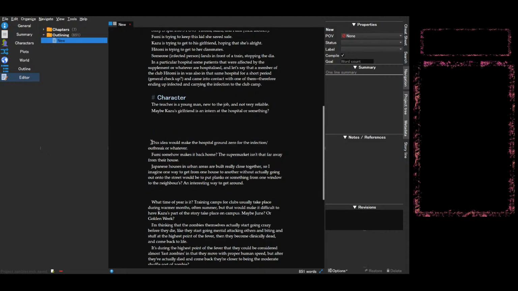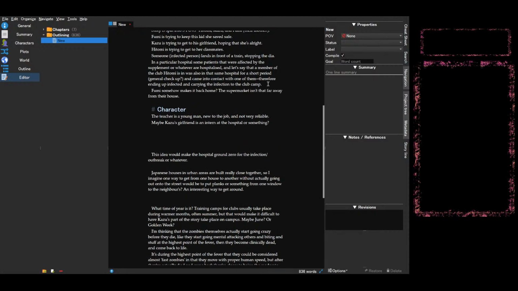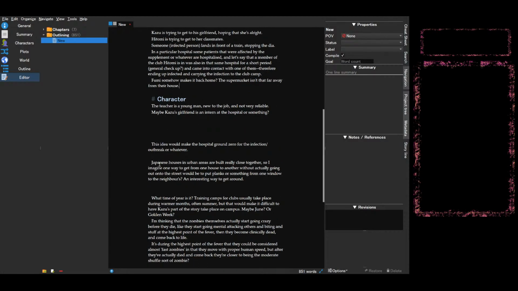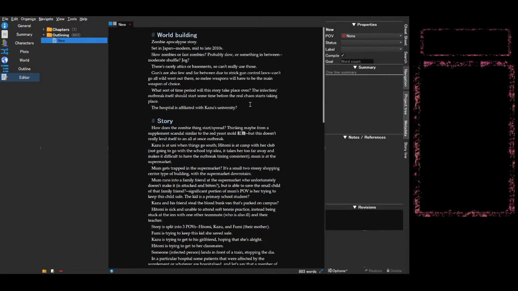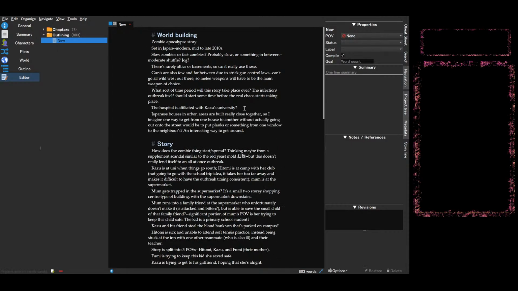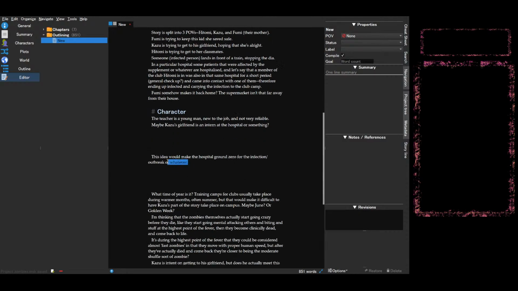Character. Story. This could be world building or story. I think we'll stick it in world building because it's not specific to any particular event or character or anything like that.